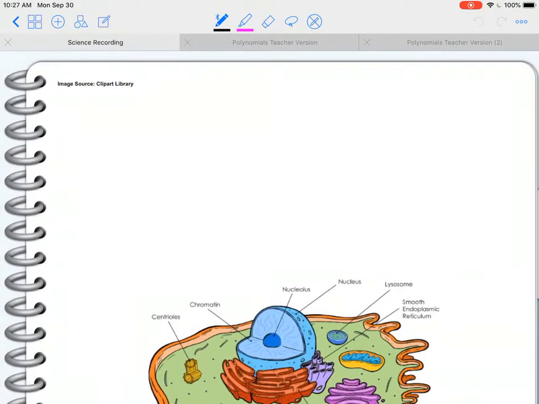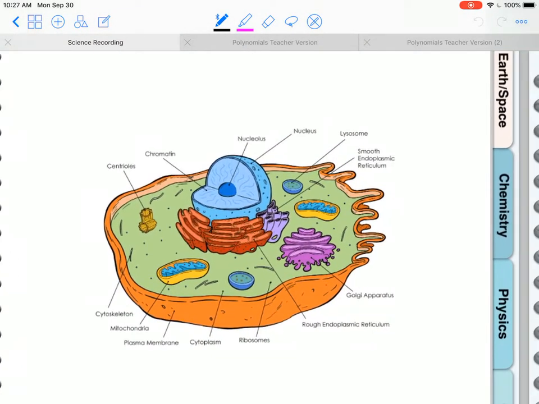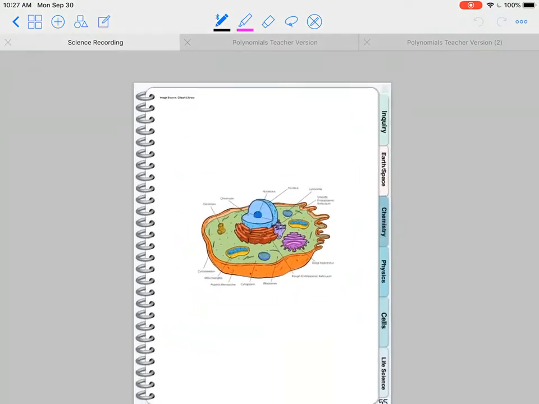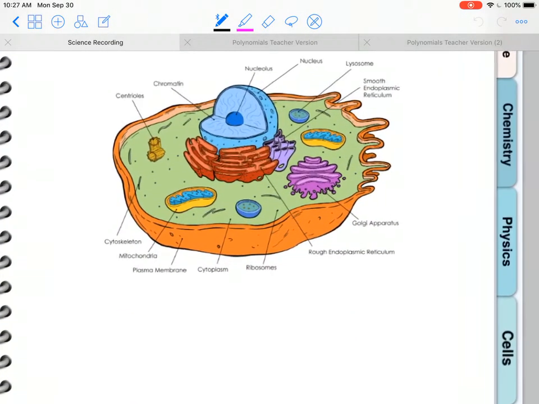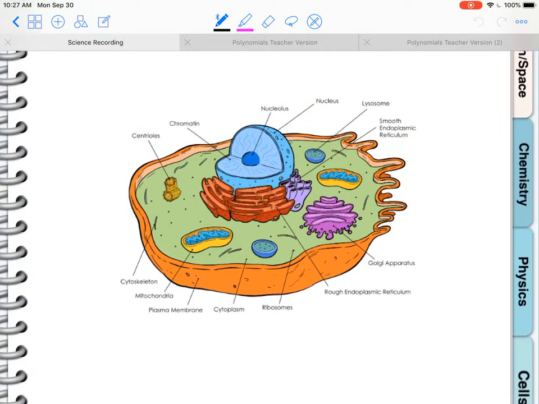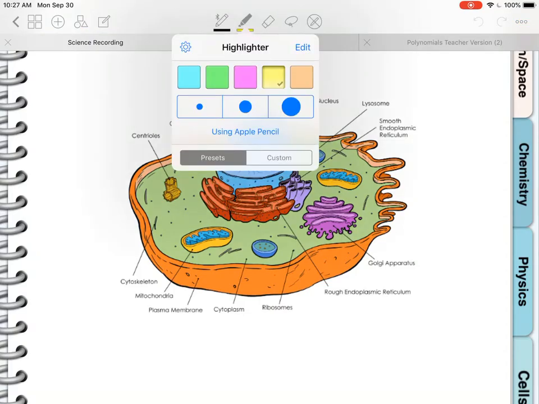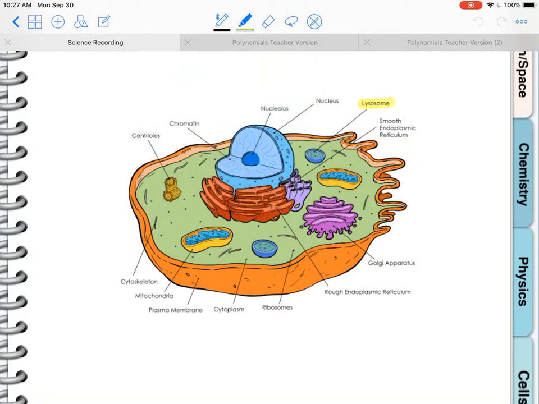Let's not do a bacteria. Let's look at an animal cell. This is on page 55 of your student text. And this is a diagram of an animal cell. All of these things that you're seeing listed here are organelles.